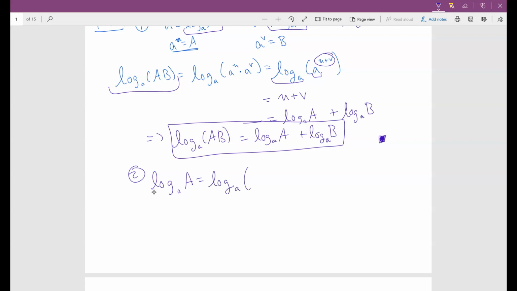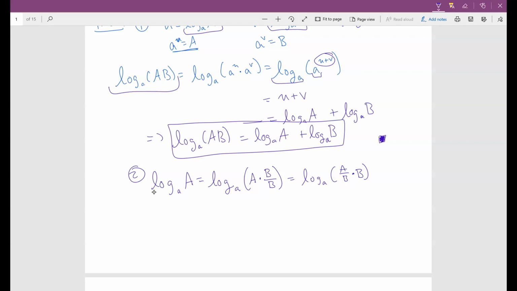I'm going to multiply this A by B over B. Think of B over B: I can just cancel this out and it's just a 1. So I'm not really doing anything, I'm just multiplying by a value of 1. Now I'm going to write it as log base a of A over B, and then times B. Now we already know what this is by properties of logarithms.